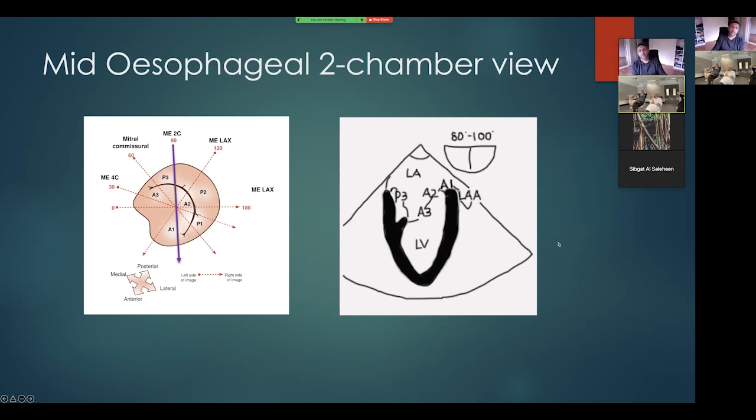And how I remember which leaflet it would be: in the 2-chamber view, you can see all the scallops of the anterior leaflet, A1, A2, A3, but only a little bit of the posterior one. Because the left atrial appendage is on this side, this has to be P3. So the lateral side is A1 or P1, and the medial side is P3 or A3. This is the anterior leaflet, so closer to the left atrial appendage is A1, and because it's medial, that one has to be P3.